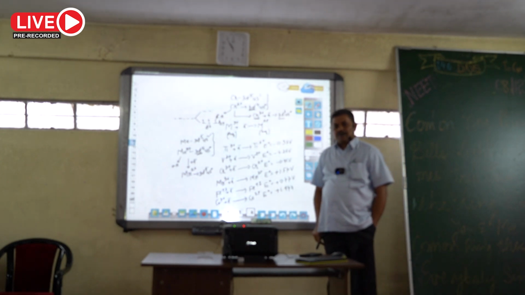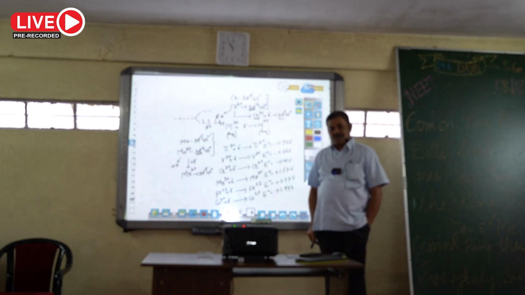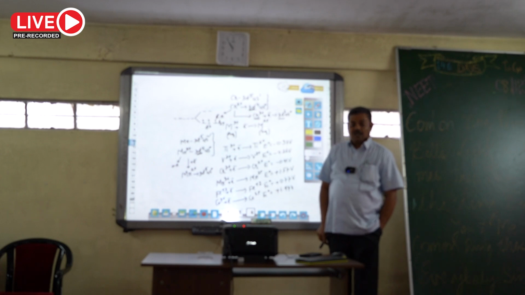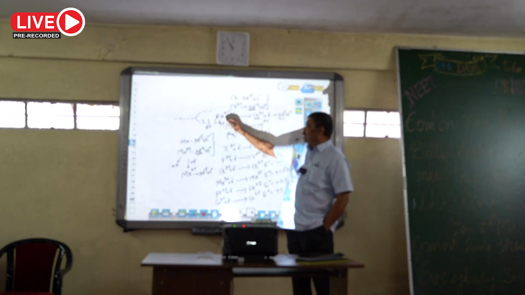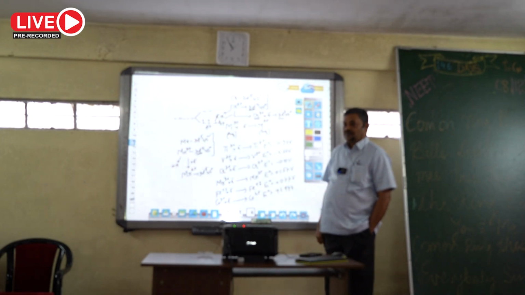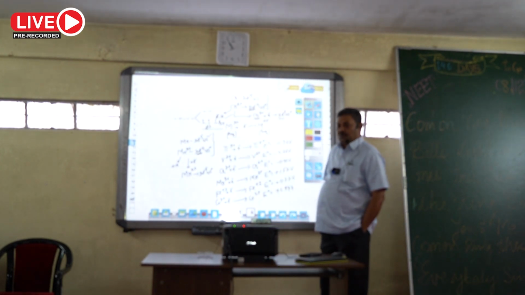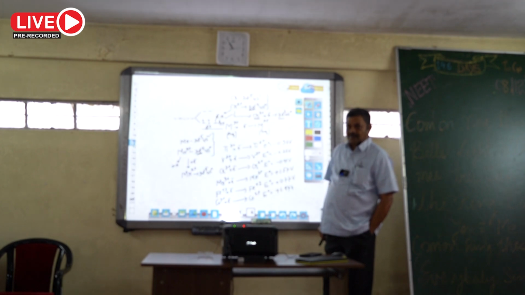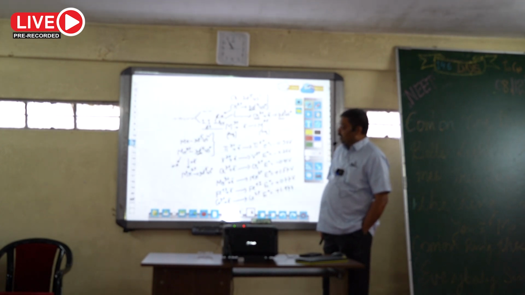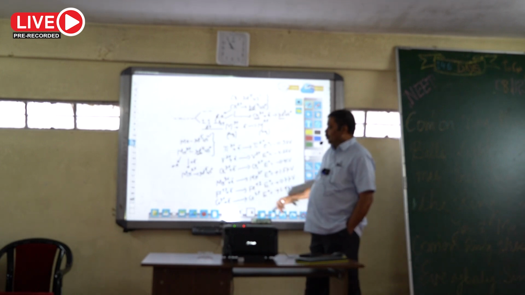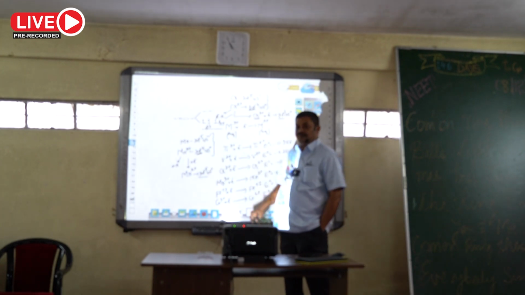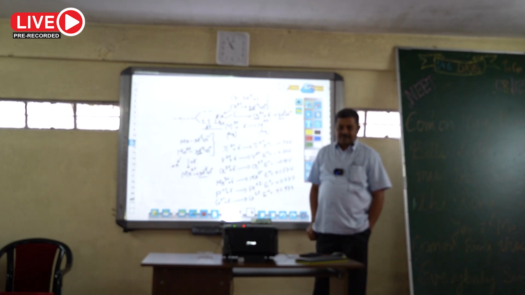So chromium 2+ loses an electron and acts as a reducing agent to get a stable half-filled t2g configuration. While Mn3+ gains an electron to make its configuration d5, which is half filled.